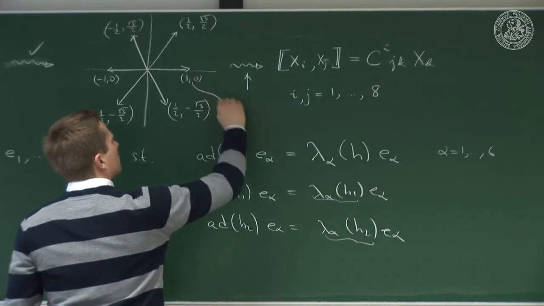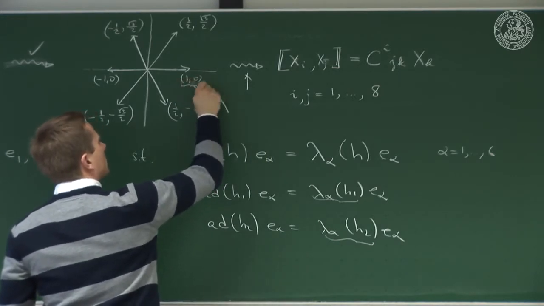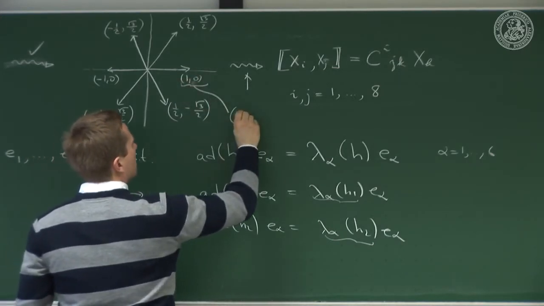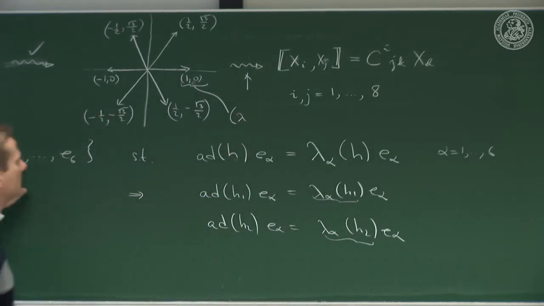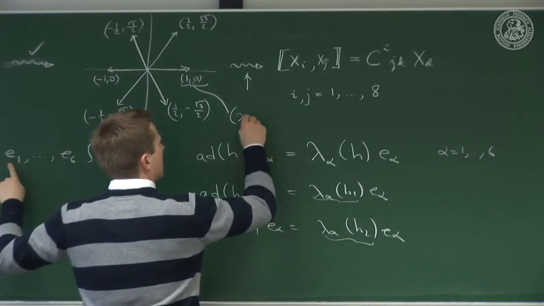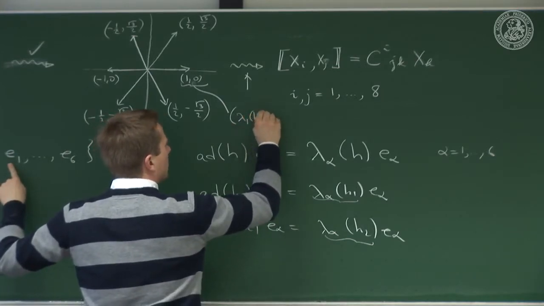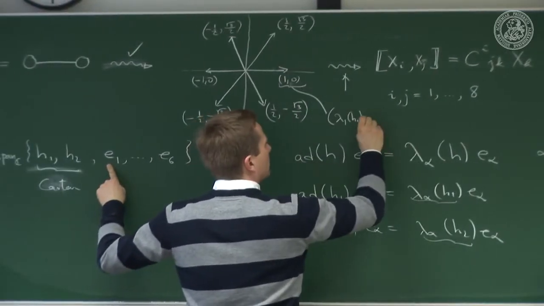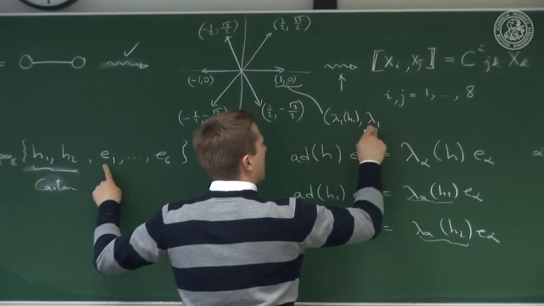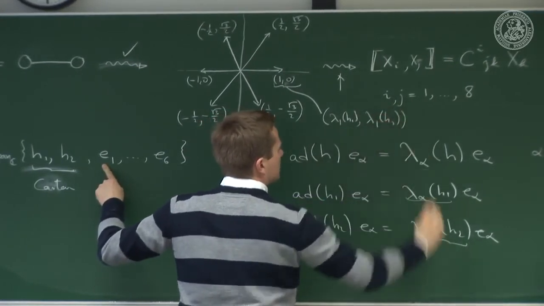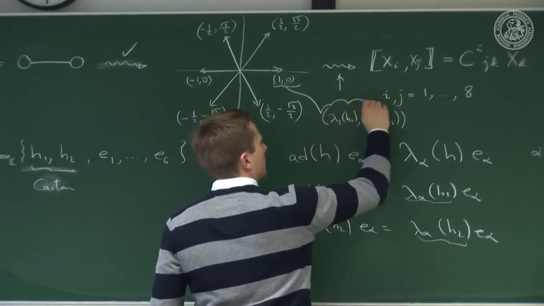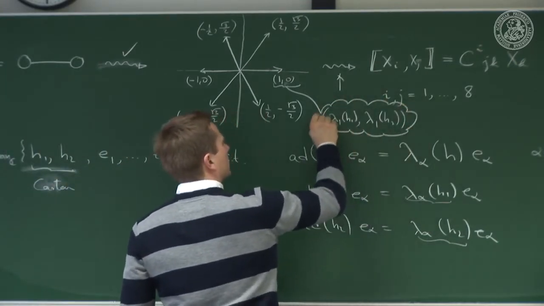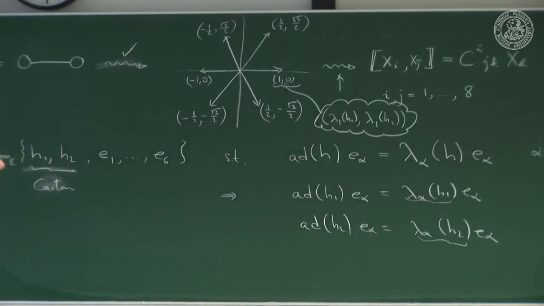So this whole pair, let's say it's associated with the first vector here. I can make that choice. It's lambda_1 of h1. And the second member of this pair is still lambda_1, but evaluated for the second basis element I chose here for the Cartan subalgebra.